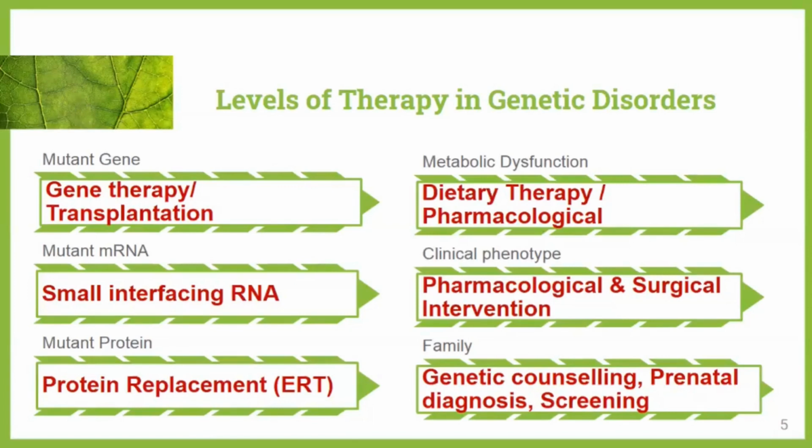Or pharmacological therapy, where this metabolic dysfunction can be altered. That means some vitamins can be given which will induce the enzyme, or some pharmacological drugs will be given which will obstruct something like that. So these are all examples for metabolic dysfunction correction. Then clinical phenotypes can be corrected, like Marfan syndrome, a classical example.